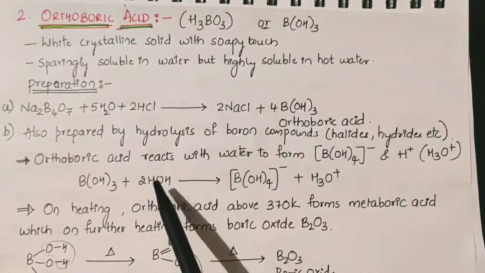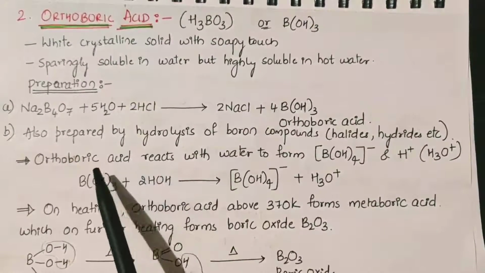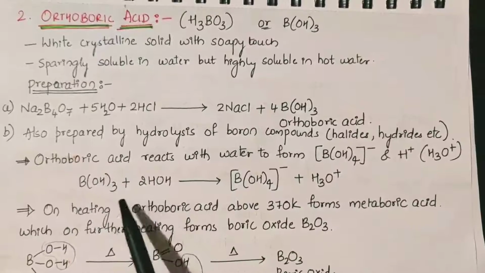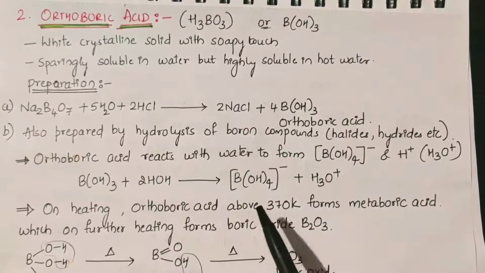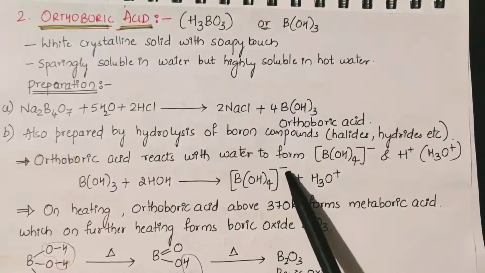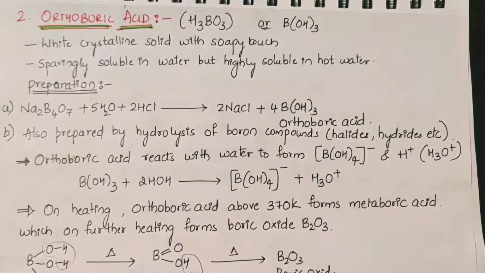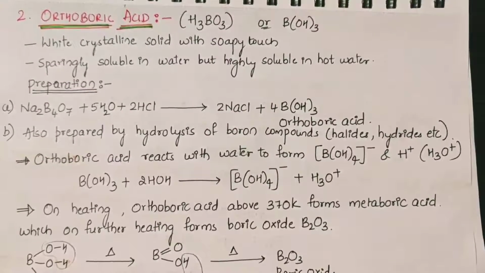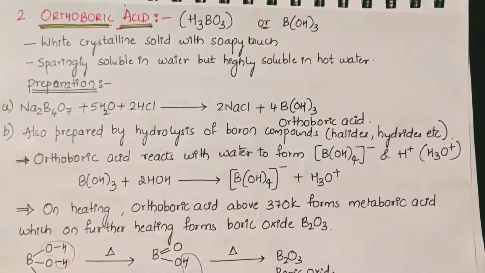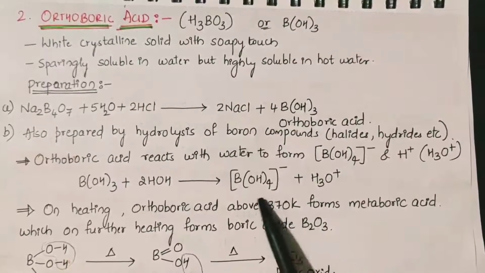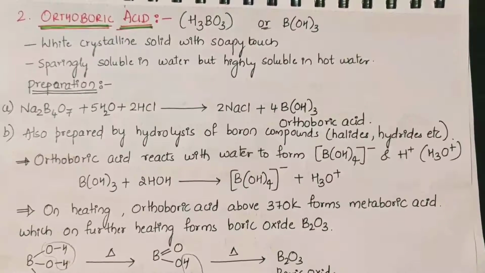The OH minus of the water is taken up by boric acid to give B(OH)4 minus. The remaining H plus combines with one more water molecule to get H3O plus, or you can simply write H plus, that is also fine. So whenever it reacts with water, you get B(OH)4 minus.